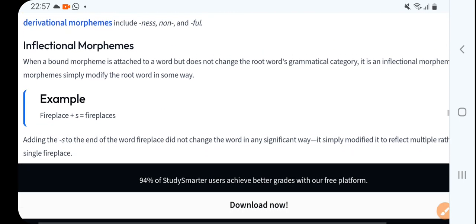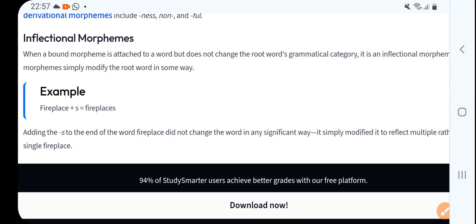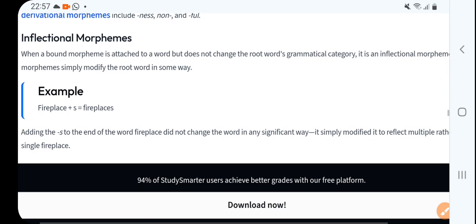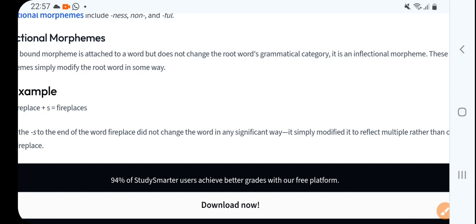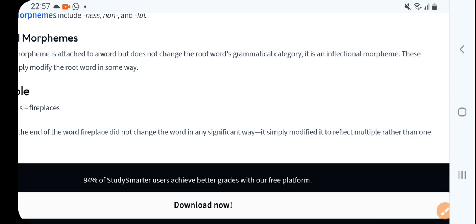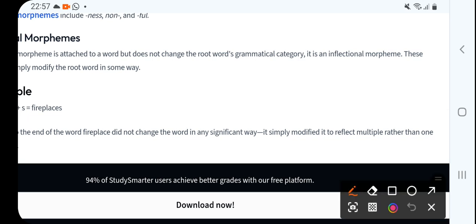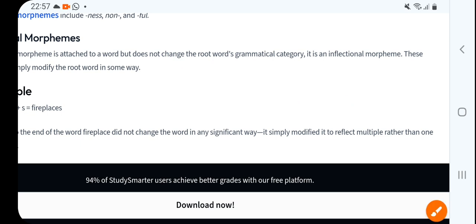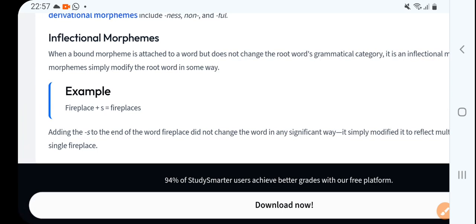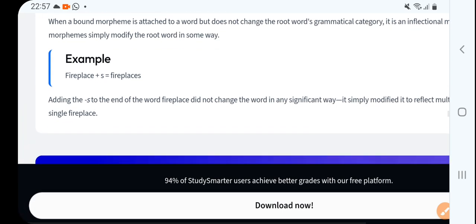Okay, inflectional morphemes. When a bound morpheme is attached to a word but does not change the word's grammatical category, it is an inflectional morpheme. These morphemes simply modify the root word in some way.